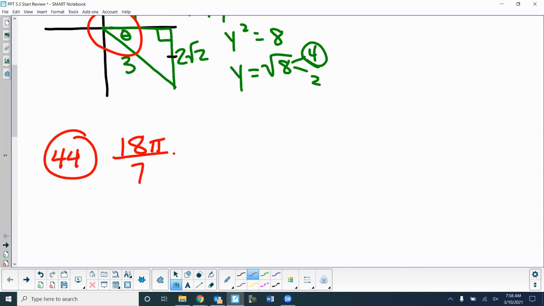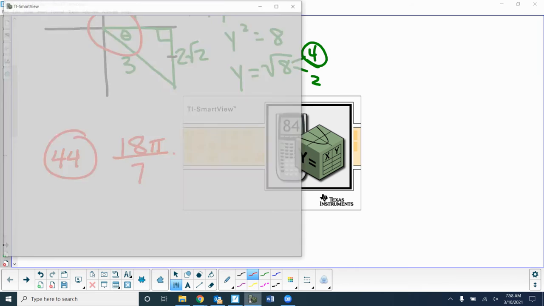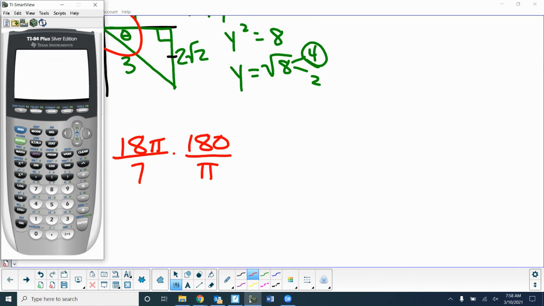I would figure out how many degrees that is. So go 18 times 180 and divide by 7. Eighteen times 180 divided by 7. 462.